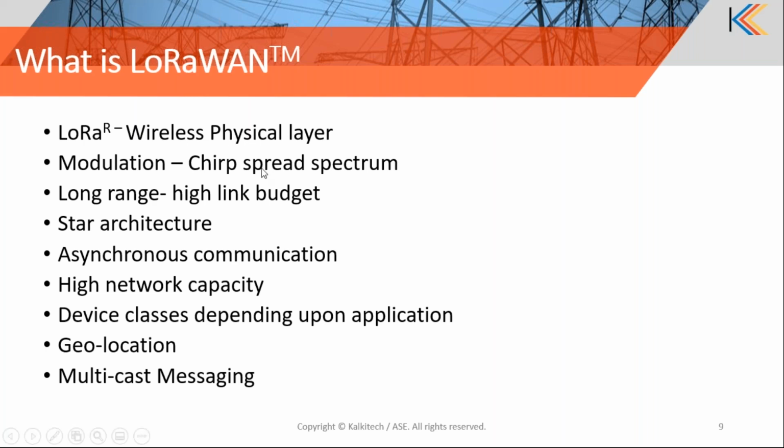It uses star topology. So the battery lifetime of each node is preserved to the maximum and the battery is utilized only when necessary, unlike a mesh communication technology. And the communications are also asynchronous. That means each node will communicate with the base stations only when it has to.